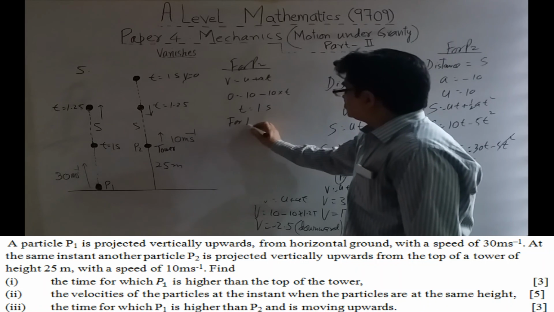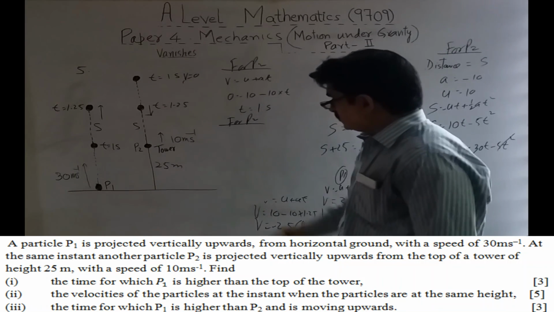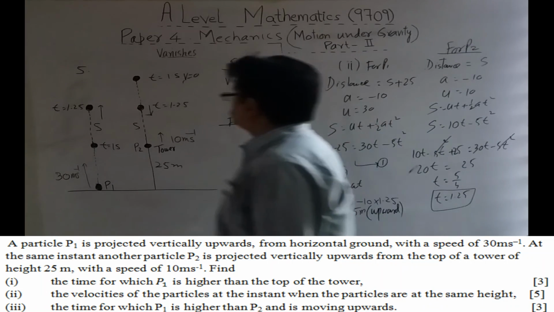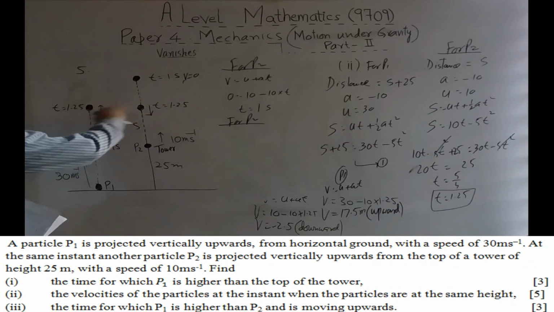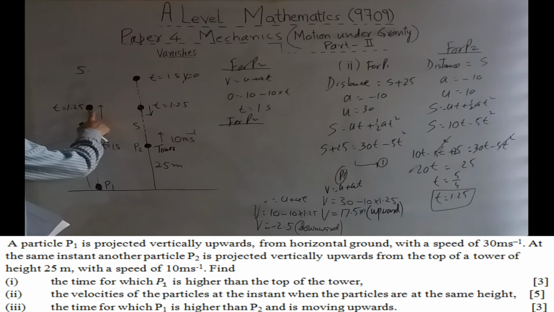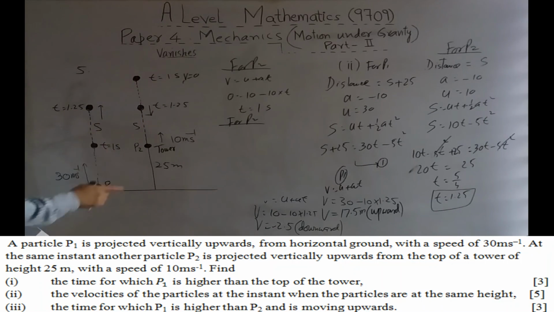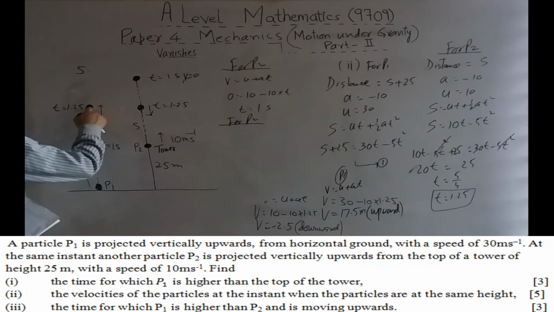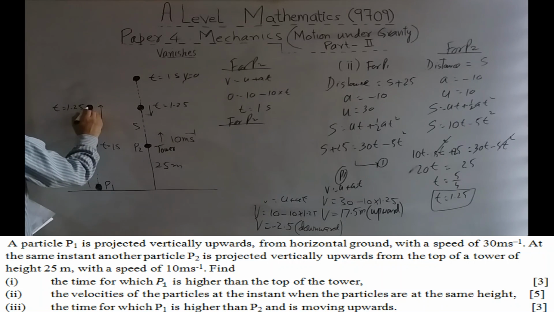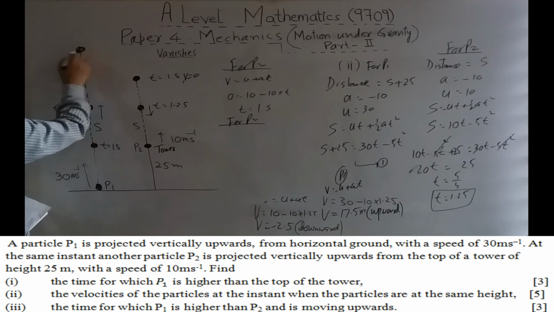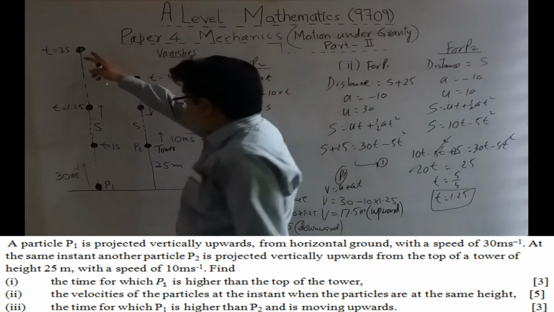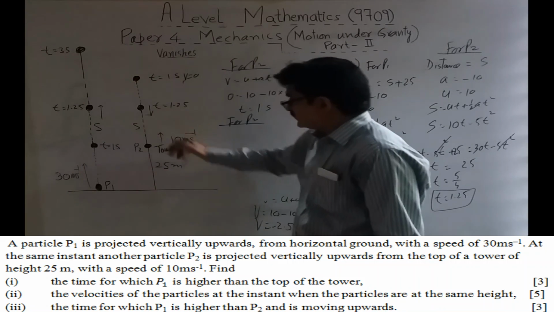Similarly for P1, we have already found that they are at the same level at 1.25 second, and we have also found in the first part that P1 takes 1 plus 2, 3 seconds to reach its highest point. It will be somewhere here. Here time is 3 seconds. After 3 seconds it will come back. After 1 second P2 will come back.